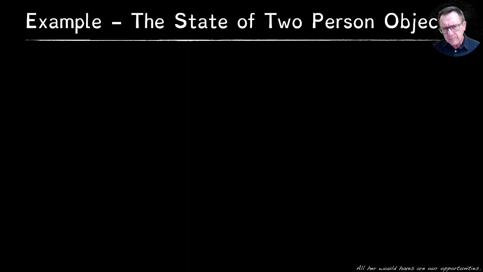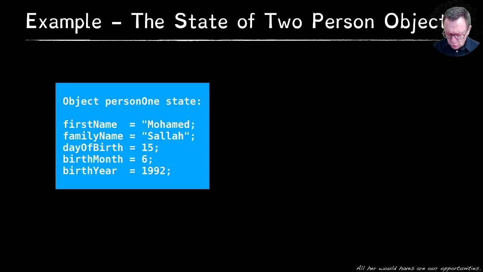So the last couple of things, the state of two person objects. In this case, the state of this object is Muhammad Salah, 15/6/1992. The state of this object is defined through the values that are in the instance variables.